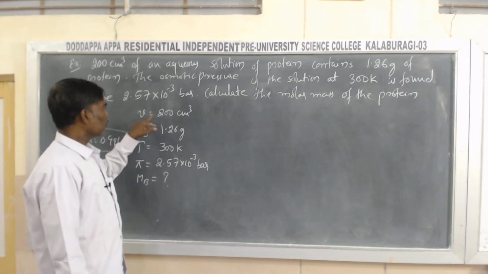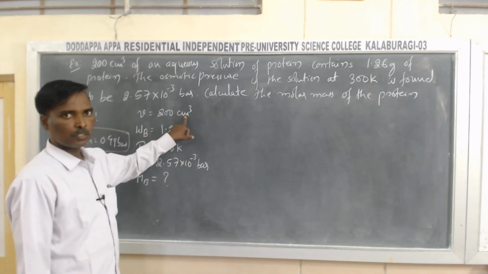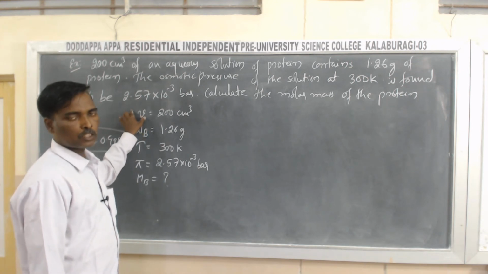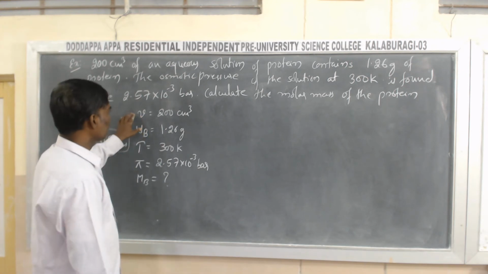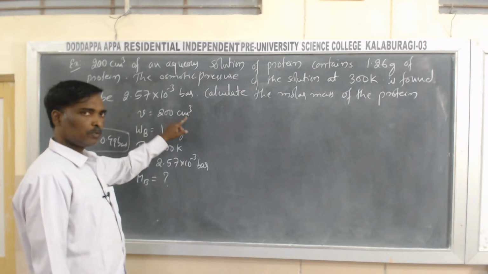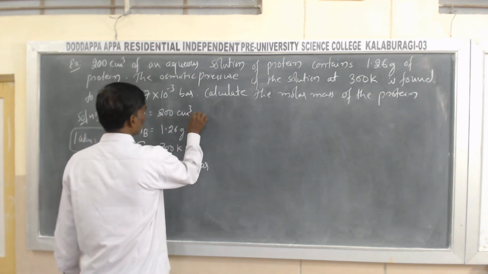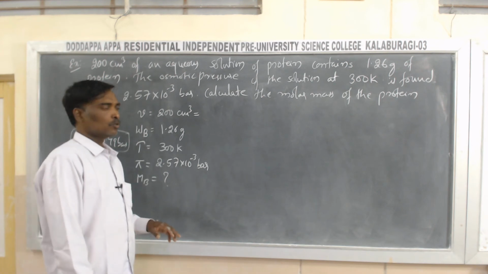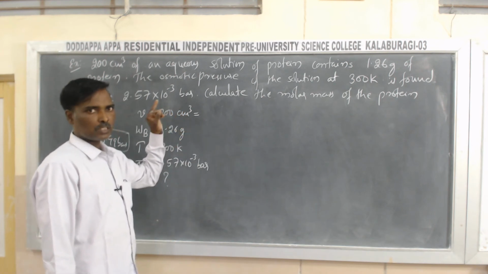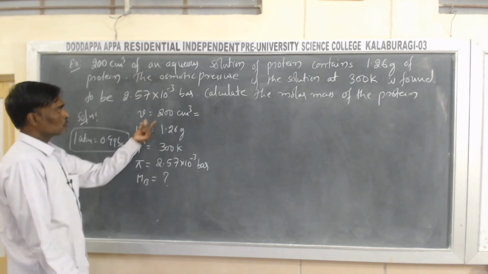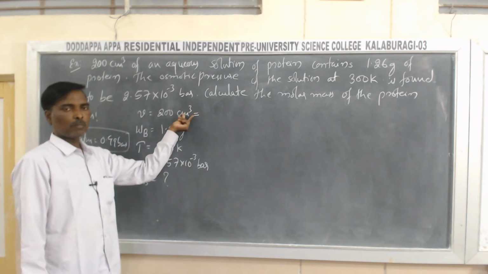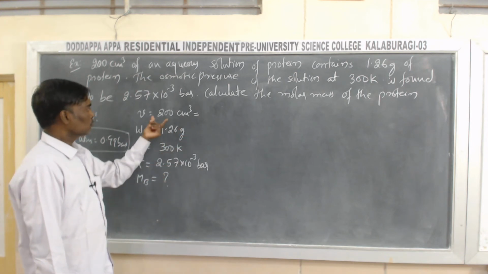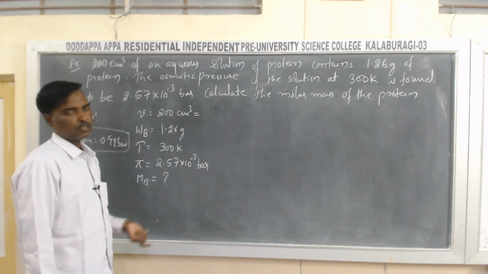Then the volume is expressed in cubic centimeter, but in the formula the volume is expressed in liters. Therefore convert this volume from cubic centimeter into liters. We know 1 cubic centimeter is simply 1 ml. 1000 ml is equal to 1 liter, so 200 ml is equal to 0.2 liters.